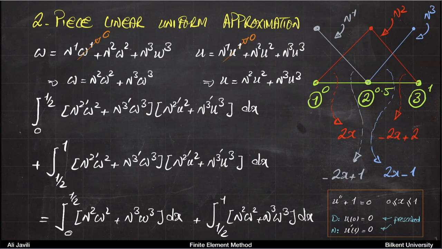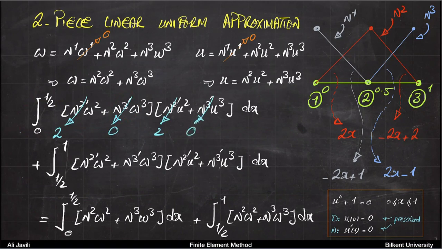So what is n2 prime from 0 to 1/2? And then what is n3 prime from 0 to 1/2? Remember, n3 is 0 everywhere else, so n3 prime from 0 to 1/2 is simply 0. n2 prime is 2, n3 prime here is 0.